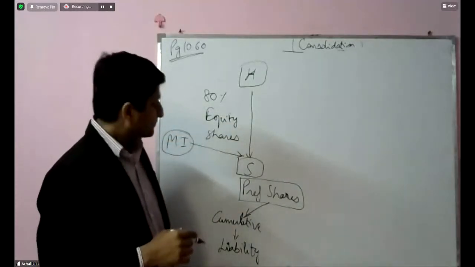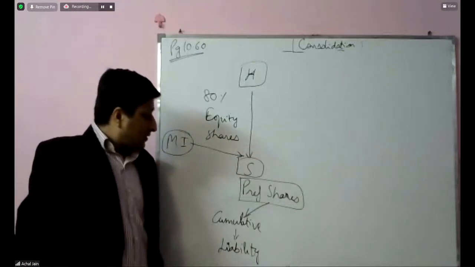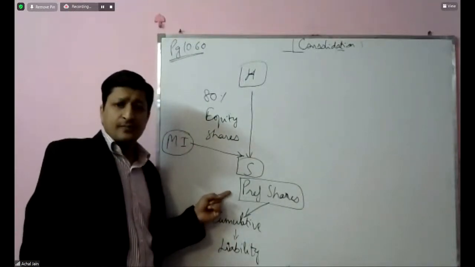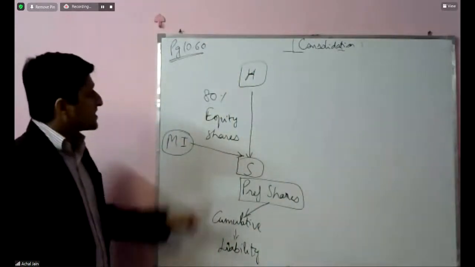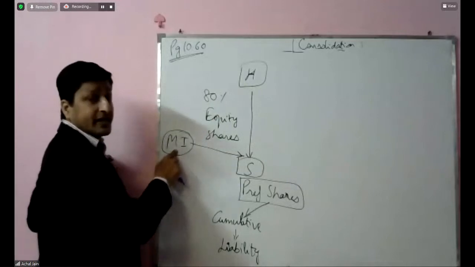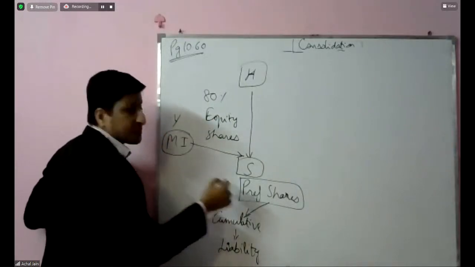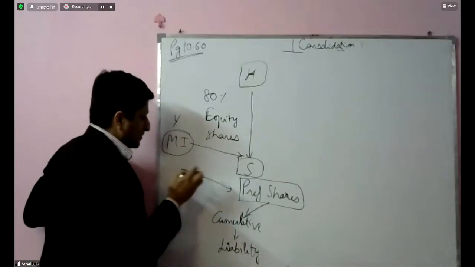Now, the preference shares which the subsidiary has issued are to, say, a third party. So this is H, minority interest, let's suppose is Y, and let's suppose preference shares have been issued to Z Limited.